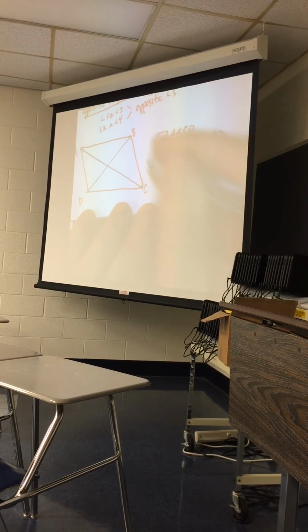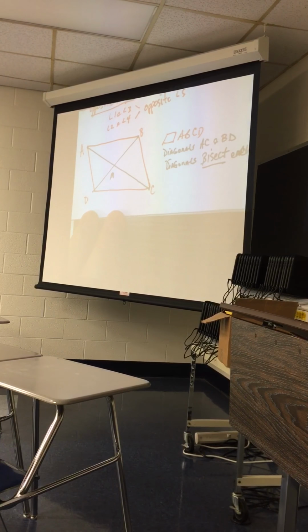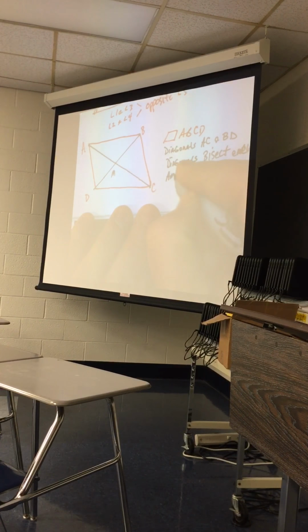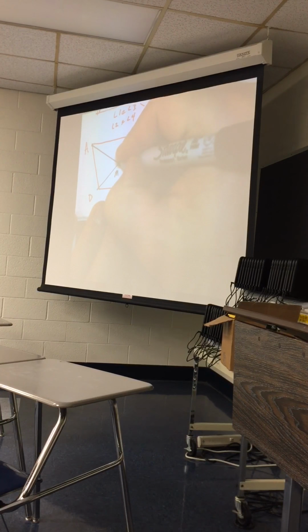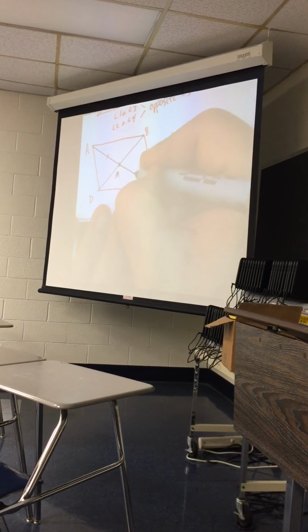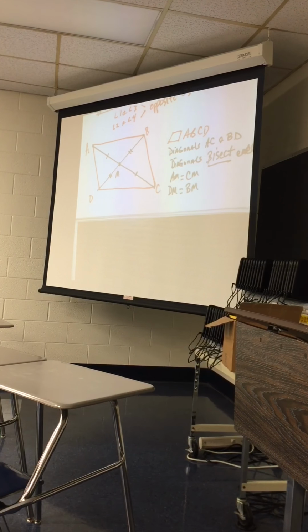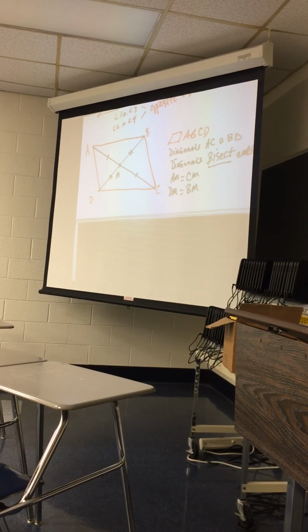So, if I put an M here, that means that AM is equal to CM and DM is equal to BM. So this is a midpoint of the diagonals. Going with me? Good?